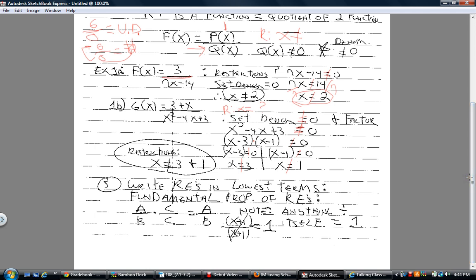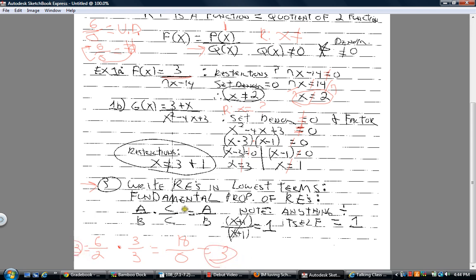Looking at objective 3, they want you to grasp the fundamental concept that if you have a fraction and you multiply by a number, so if I take 6 divided by 2 and multiply by something equivalent like 3 over 3, you're going to get 18 over 6, which equals 3, and 6 divided by 2 does equal 3.